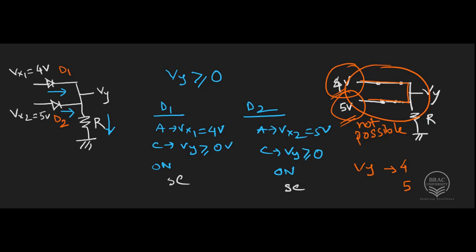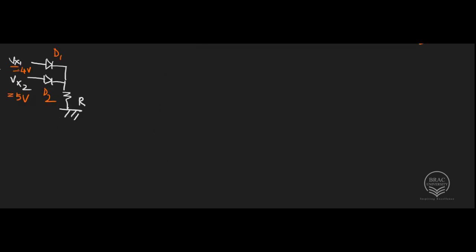Let's find out which one is the actual case. Now let's consider that both diodes D1 and D2 are off. If both are off, then we can represent both with open circuit. So our circuit will look something like this. Vy.